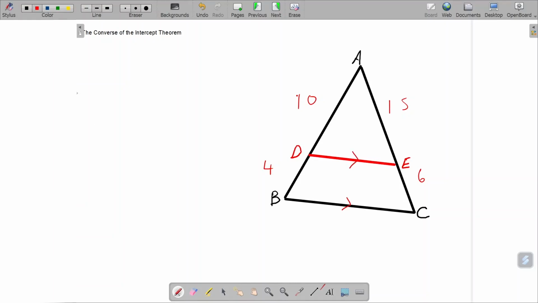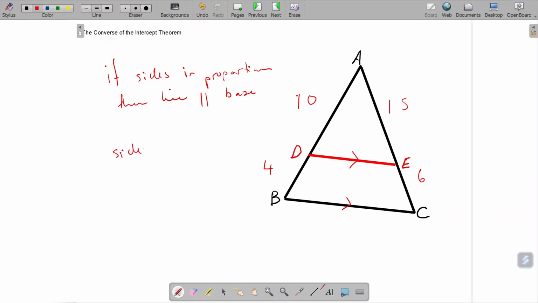And so what this theorem now says is that if the two sides were in proportion, then it must follow that the line was parallel to the base of the triangle, or to the third side of the triangle.